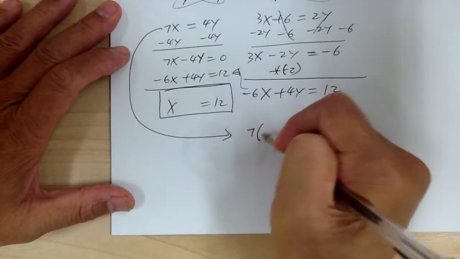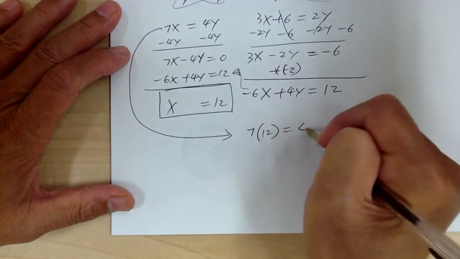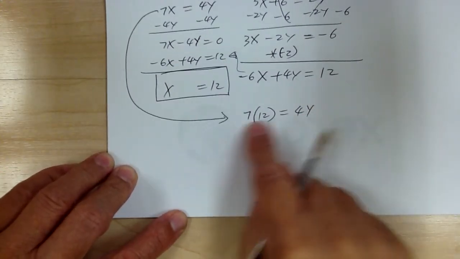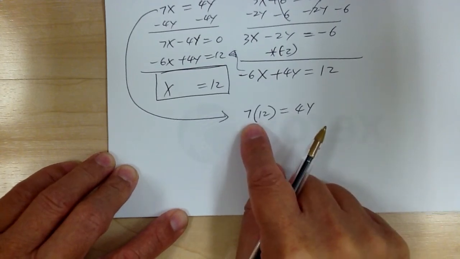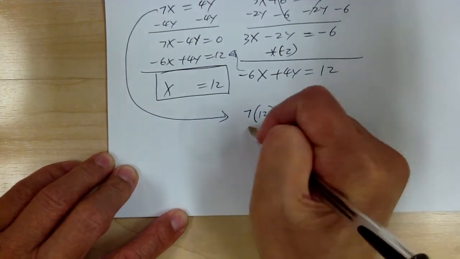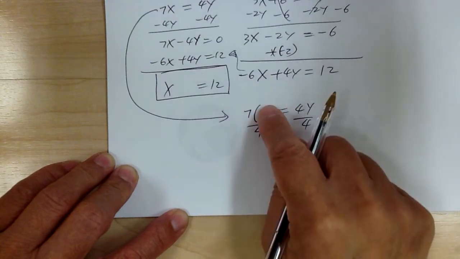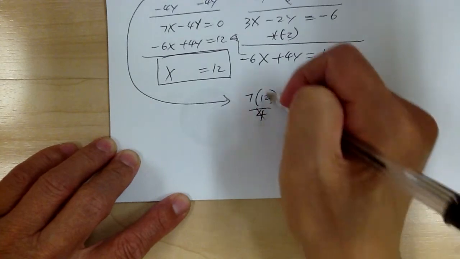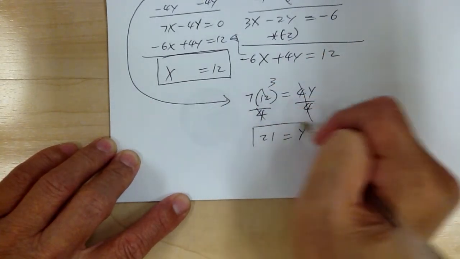So I got 7 times 12 equal to 4y. Okay. Now in this case, since there's no addition or subtraction, you can just go ahead and divide already. So divide by 4, divide by 4. So instead of multiplying out first, go and divide so that this cancels out and this cancels. So answer would be 21.